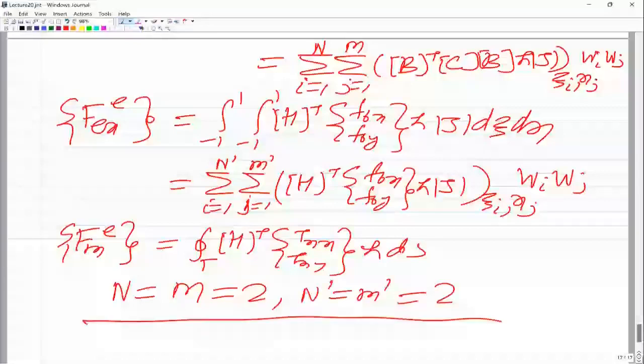So with this I want to stop here. Next, because in the packages when you analyze practical problems, you use either 1D truss element, beam or frame element, then in 2D most of the time plane stress, plane strain or axisymmetric elements, and then 3D solid elements.